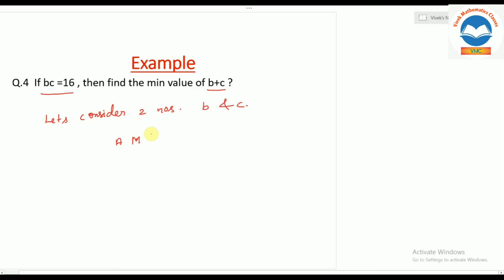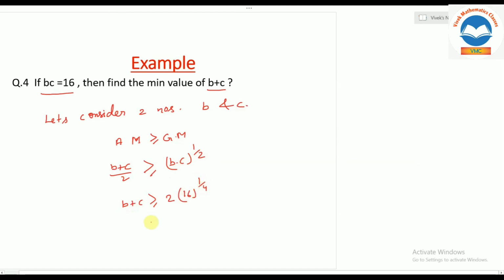AM will be greater than or equal to GM. We will apply this. What will be the AM of these numbers? B plus C divided by 2. This will be greater than or equal to B into C to the power 1 by 2. Okay. So this B plus C will be greater than or equal to 2 into, what is the B into C value? They have given 16, to the power 1 by 2.